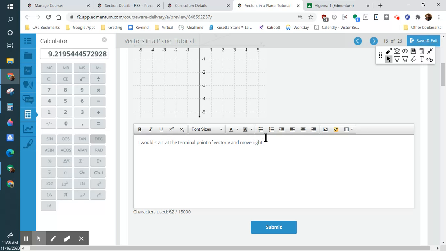Right 2, down 5. And then in parentheses, I'm just going to say the components of vector U.